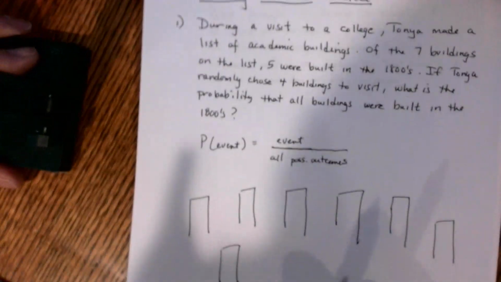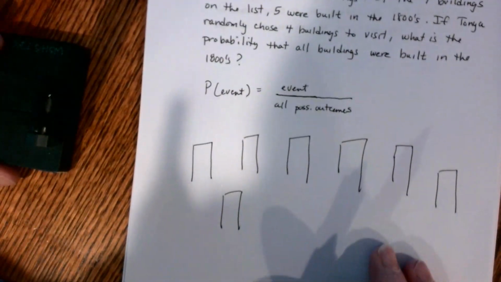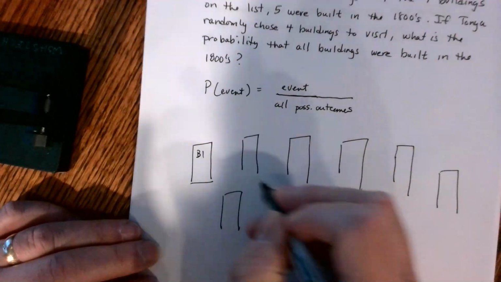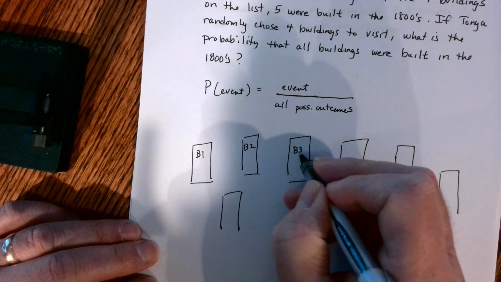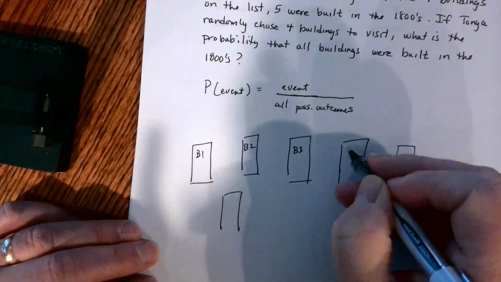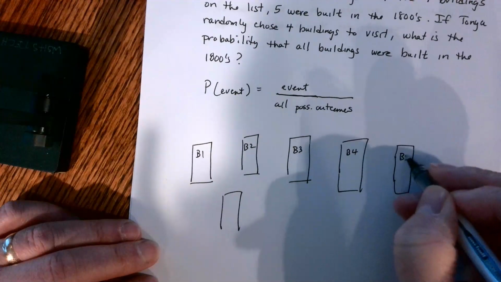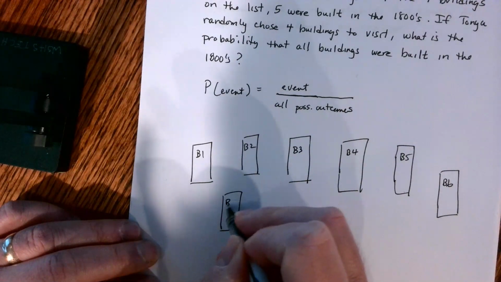Okay, so very quickly, here's an illustration of all the buildings. We're going to call this building number 1, building number 2, building number 3, building number 4, building number 5, and building number 6, and building number 7.